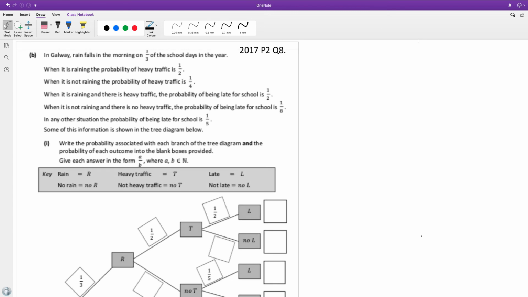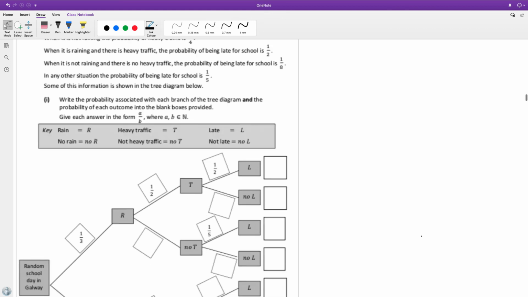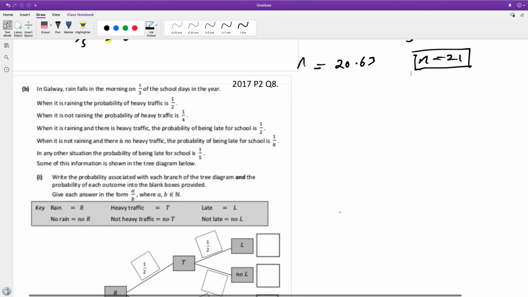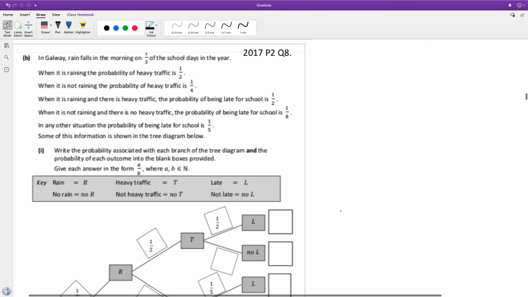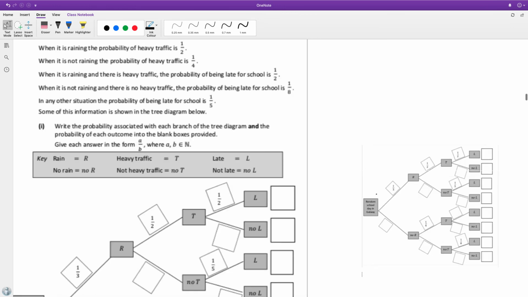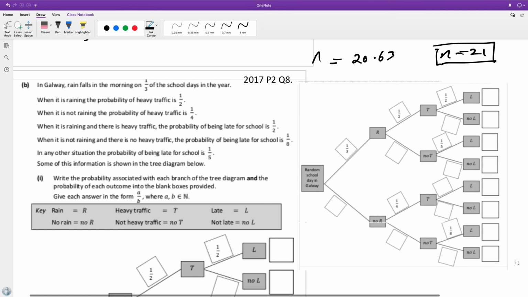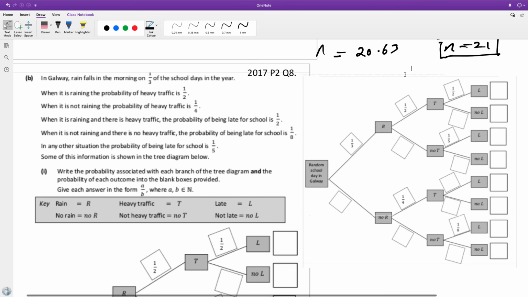In Galway, rain falls in the morning on 1/3 of the school days of the year.